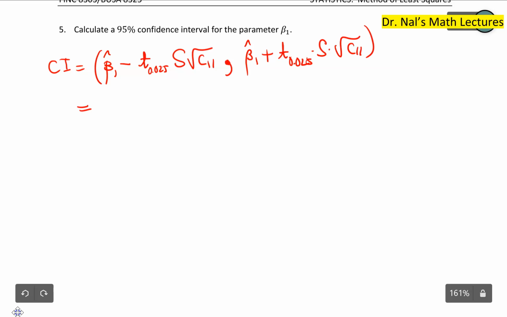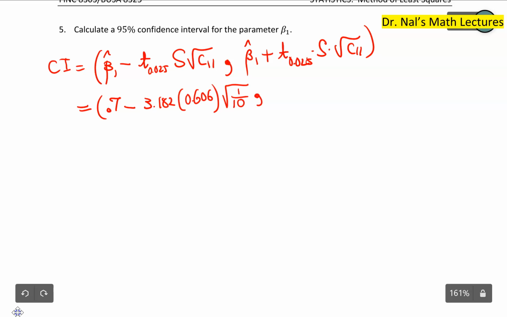Now we can just go ahead and plug in the values. 0.7 minus the critical value, which we found was 3.182, times s, which was 0.606, times the square root of c11, which was 1 over 10, I think.